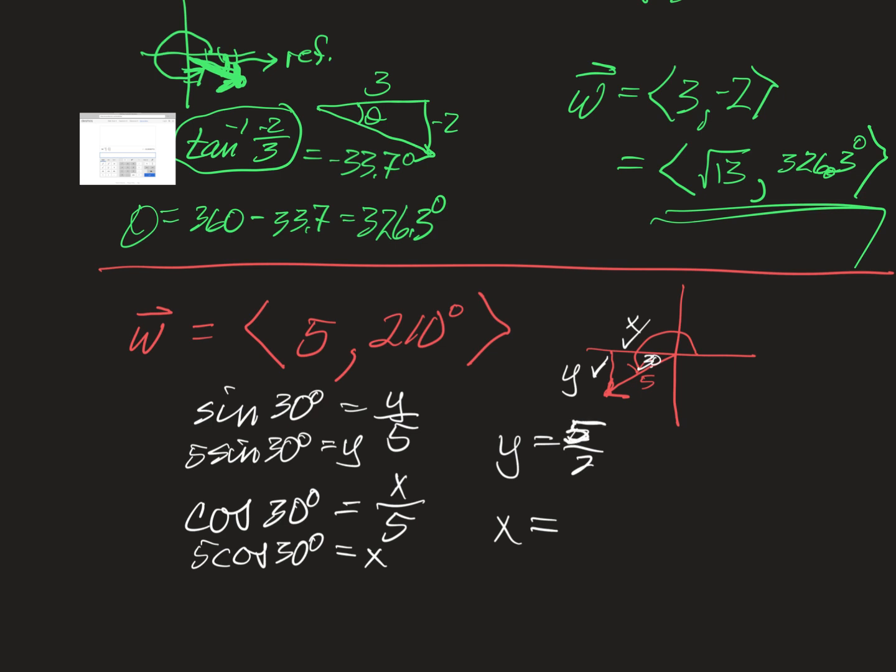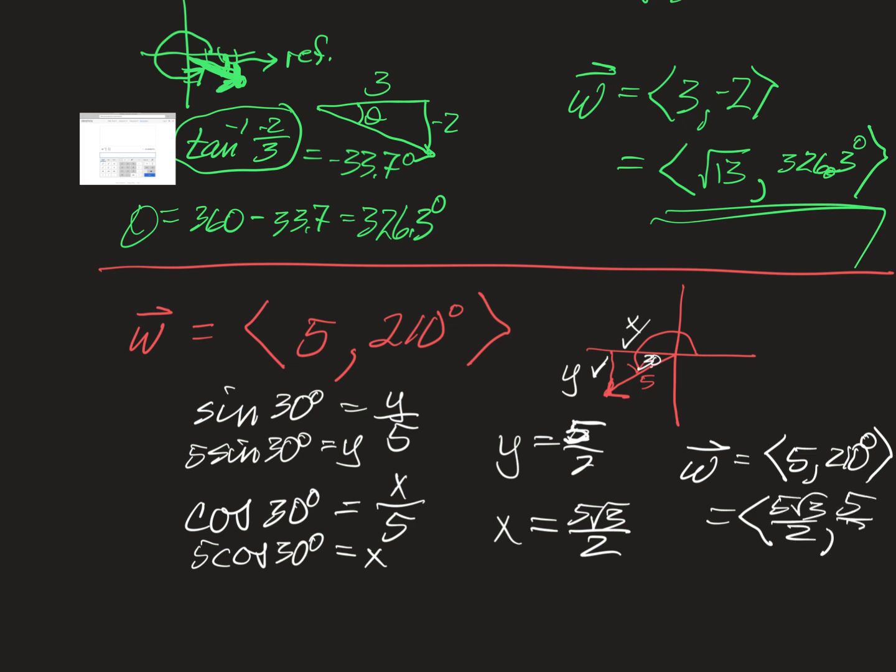If it was like 35 degrees, I would just use a calculator, all right? Cosine of 30 degrees is square root of 3 over 2, so x is 5 square root of 3 over 2. And therefore, W, which was equal to magnitude 5, 210 degrees, is now equal to x, 5 square root of 3 over 2, and y, 5/2.